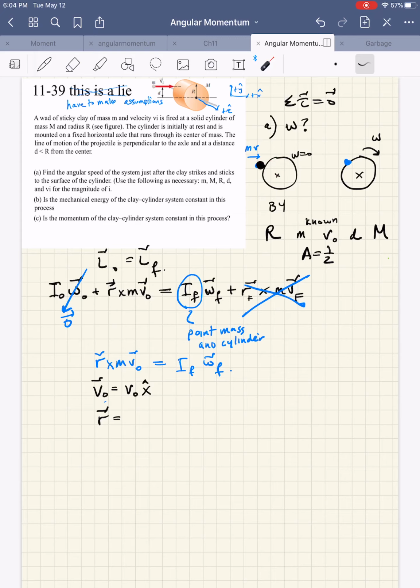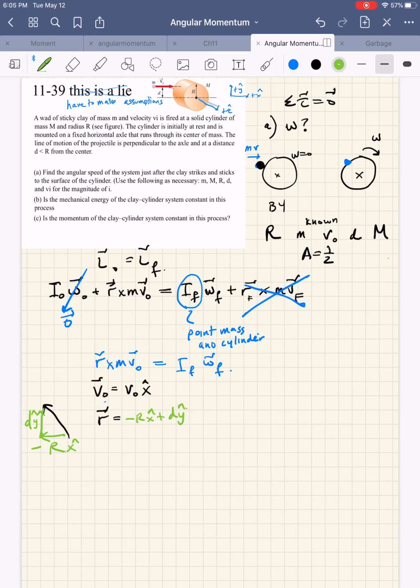It's going to have a component in the y that is just this distance of d, and it'll be r in the x. So I know d, I know r, so I can kind of fill out this triangle here. This is d, this is the radius right before it hits. So this would be r in the minus x hat as a vector, and in the positive y hat d. So my r vector is minus r x hat plus d y hat.